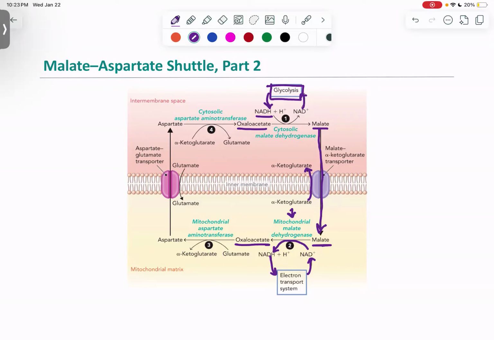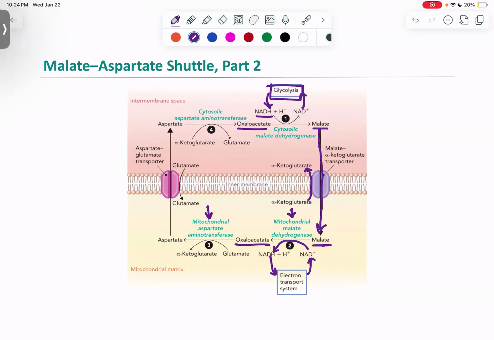Okay, so now oxaloacetate is okay, but we got to get the substrate out so we can keep this cycle going. We want this to be a circular cycle. So in the third step, we're going to have a transamination of oxaloacetate by our mitochondrial aspartate aminotransferase.